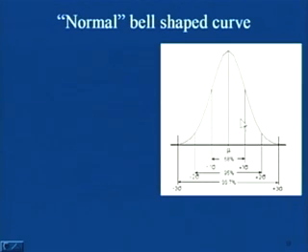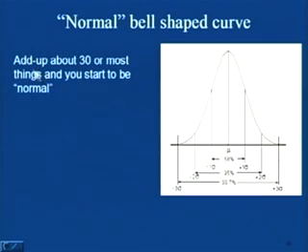If we go 1 sigma further on each side, mu plus 2 sigma and mu minus 2 sigma, the total area is 95%. And if we go 1 more sigma, mu plus 3 sigma and mu minus 3 sigma, this covers 99.7% of the total area of the output.